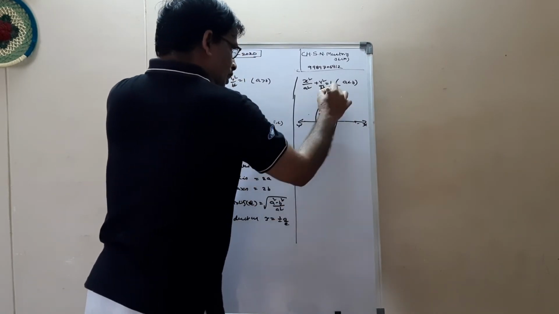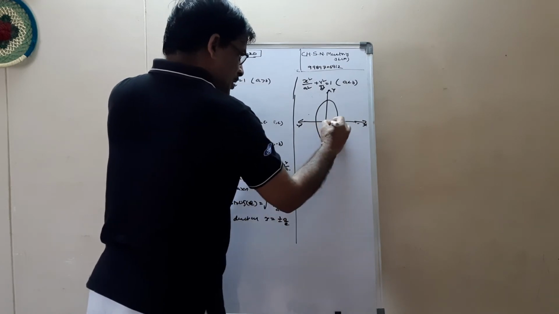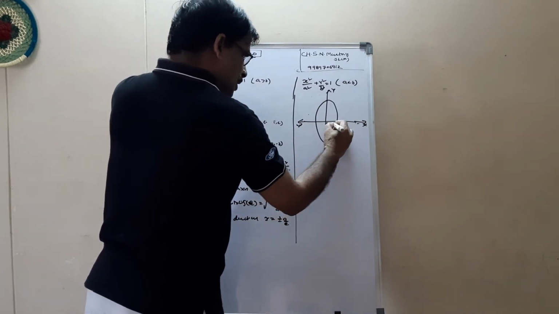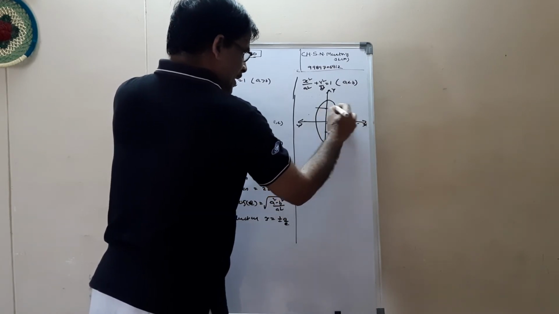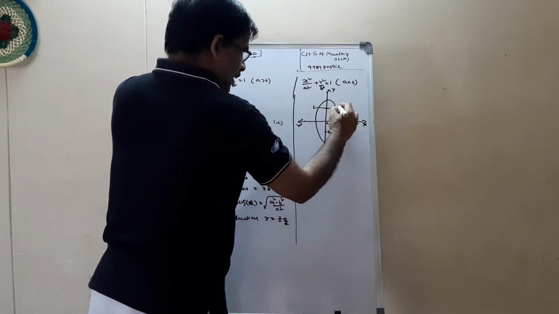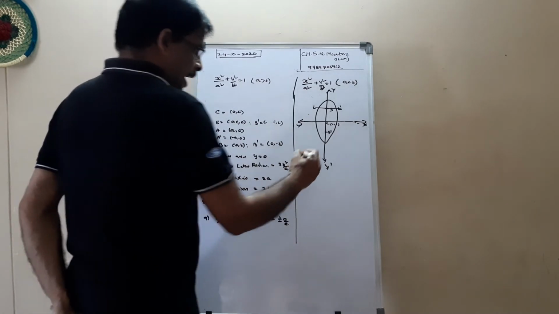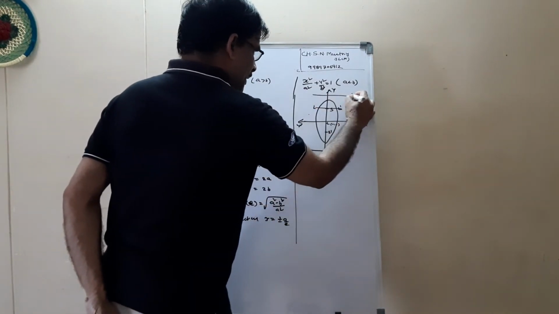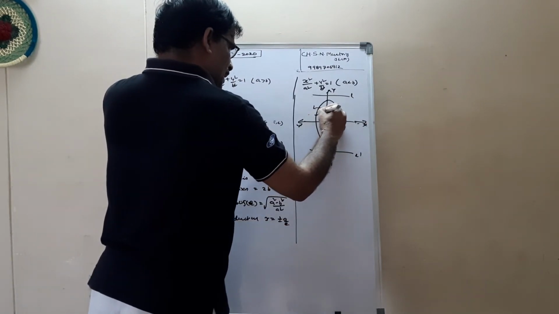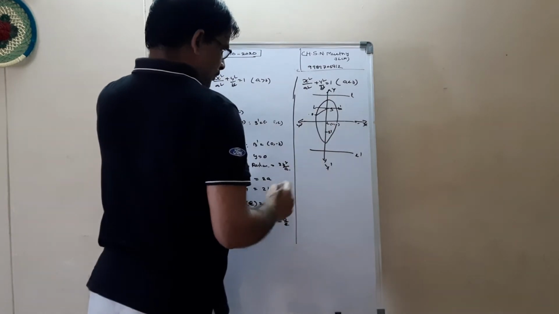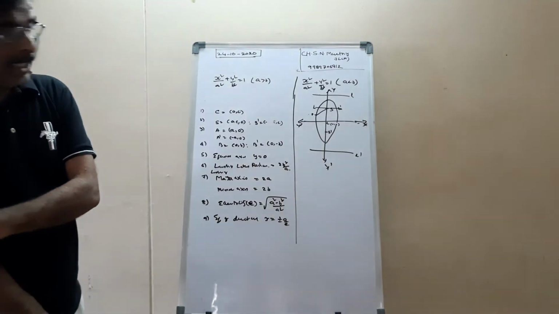X dash, this is y dash, same, center C, 0, 0, this is S, this one is S dash, this is L dash, this is the latus rectum, and draw the directrix, this one L, this one is L dash, and you take any point P here, SP.